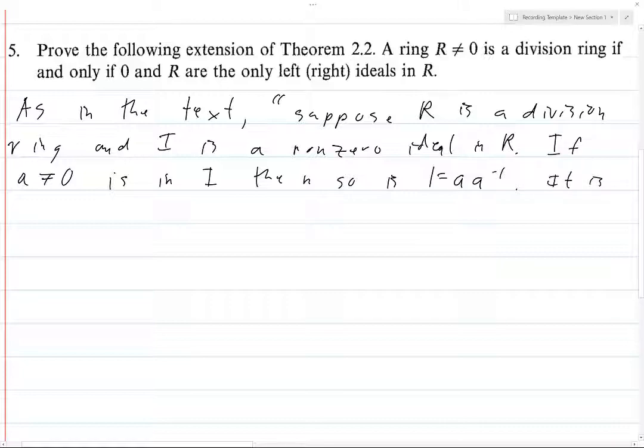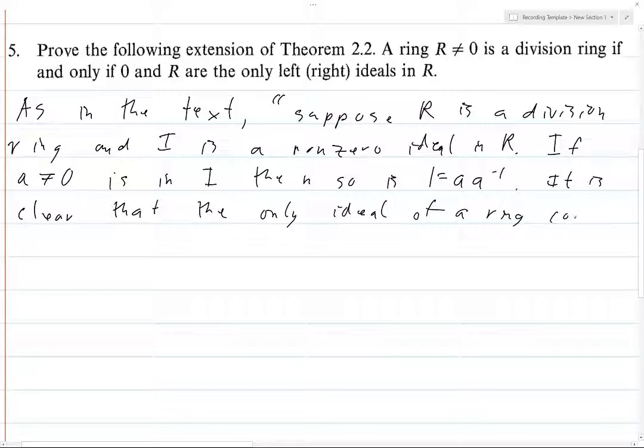It is clear that the only ideal of a ring containing 1 is R, because rings are closed under multiplication, so you multiply 1 by anything in the ring and you get that thing, so it's the whole ring.